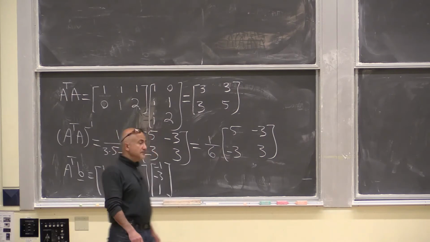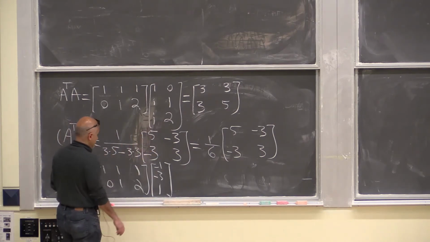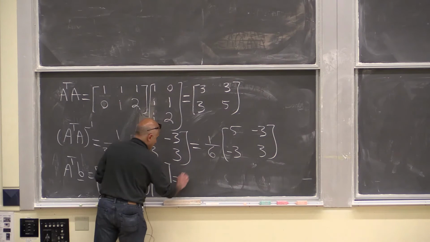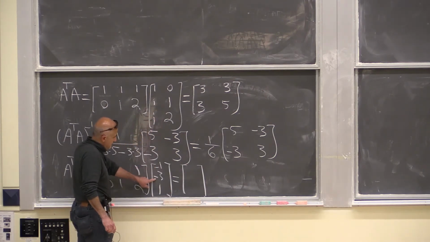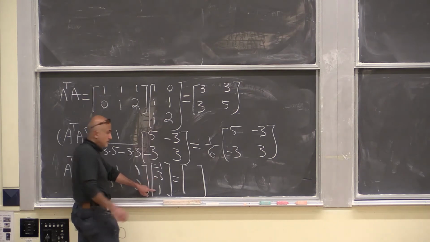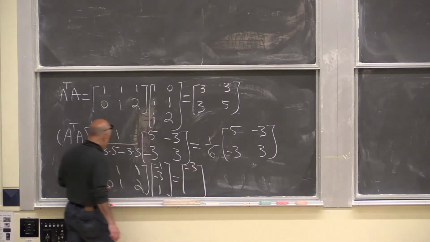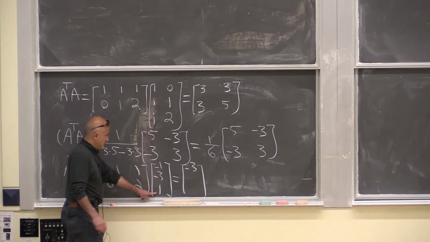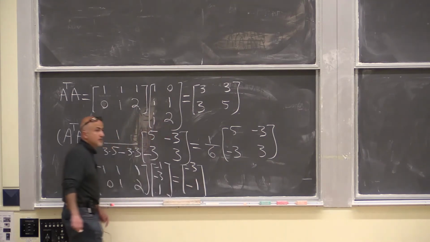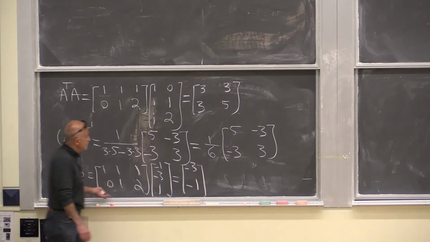That should be -1, -3, and 1, so that should be -3. -3, -1, -3, that's -4, plus 1, -3. And then 0, -3, and 2, so that should be -1. Okay, that's A transpose B.